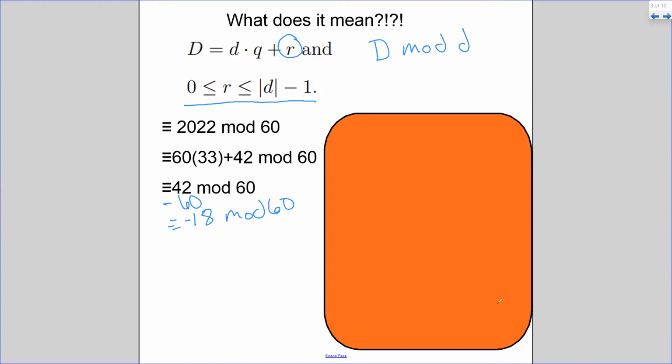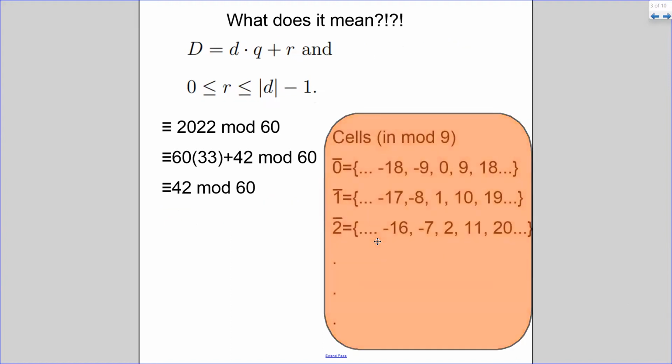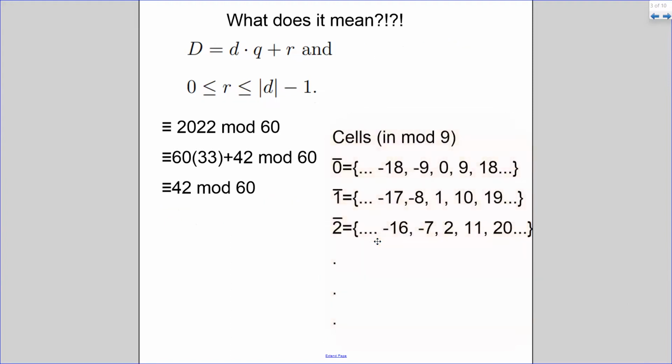Another example that we could talk about is these cells. This cell structure that I'm dealing with is mod 9, and this is going to change depending on what mod you're dealing with. But we know that 0, 9, and 18 are all going to be congruent mod 9. And also -9 and -18 will also be congruent. We can do the same thing with 1.